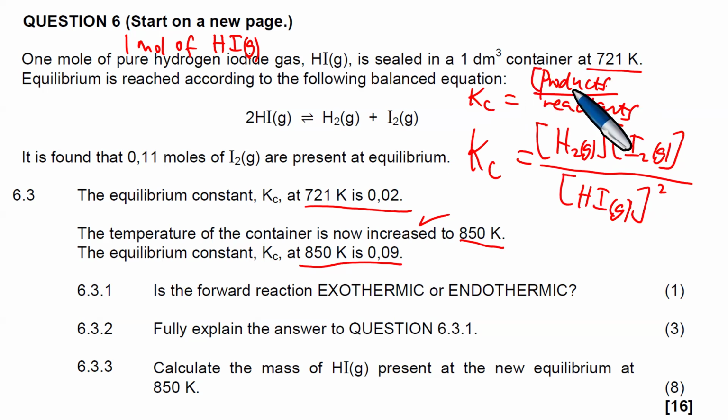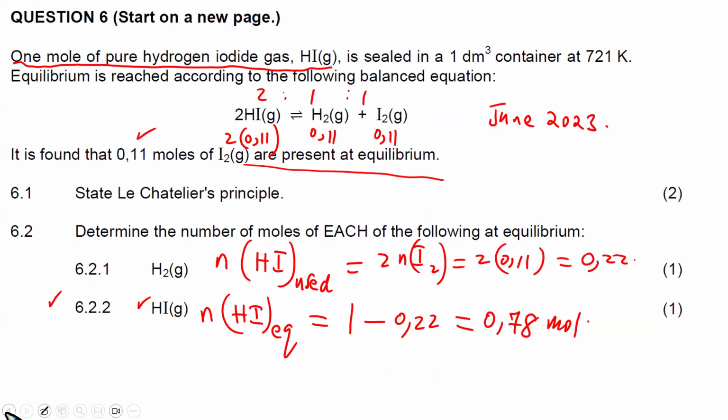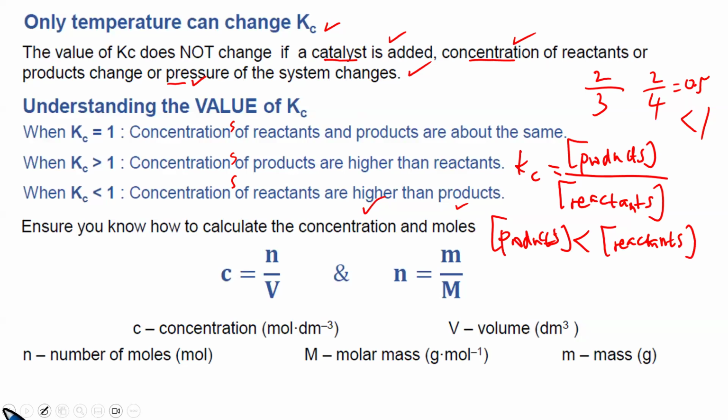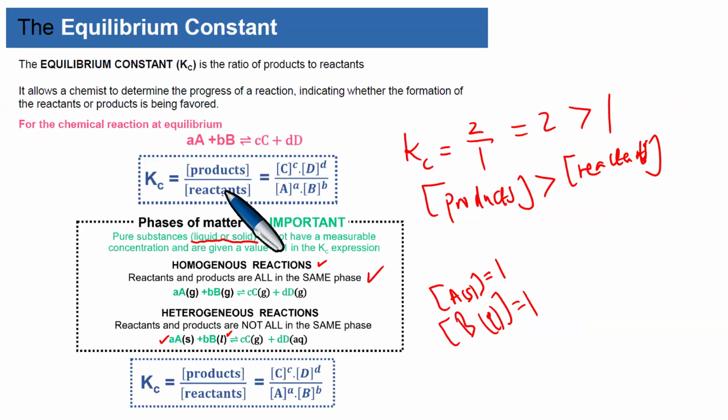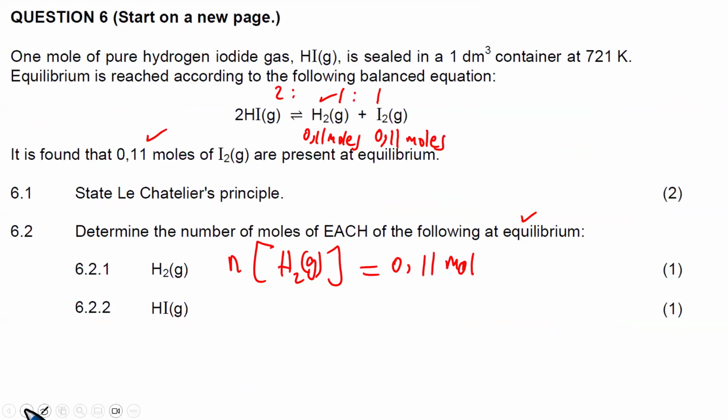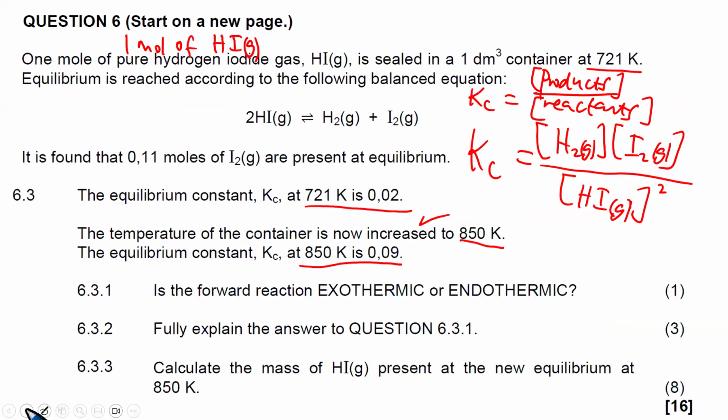Like so, we just discussed that. So Kc becomes the concentration of the products divided by the concentration of the reactants. The reactants are sitting in the denominator. Okay, so we're awesome.